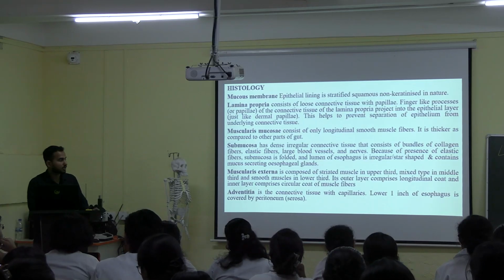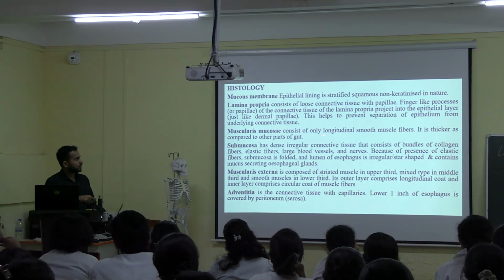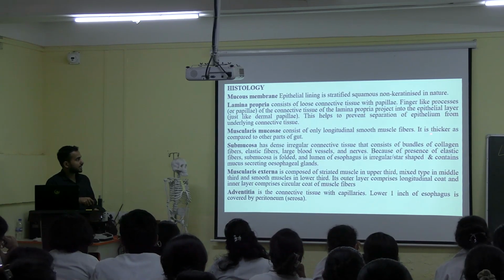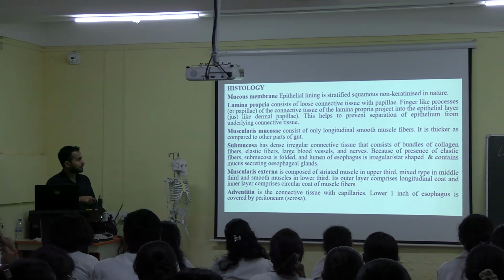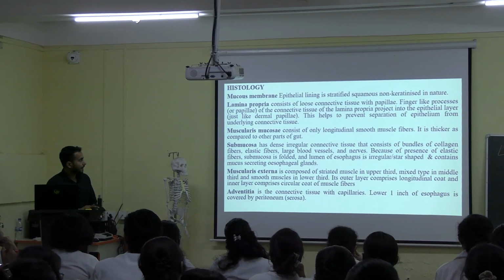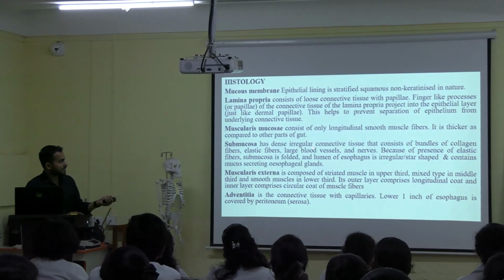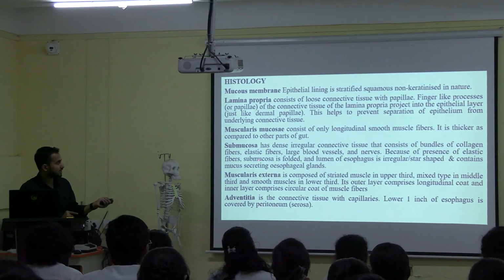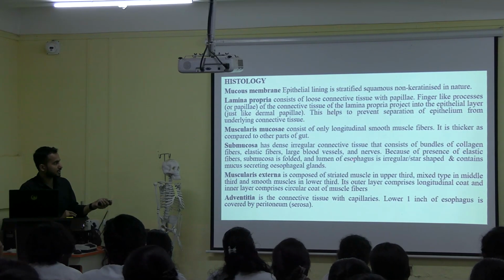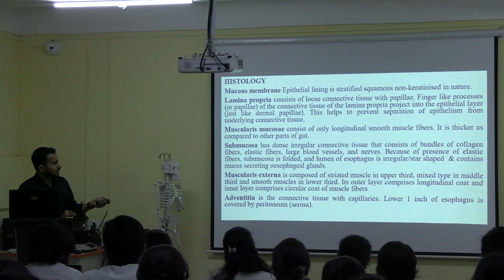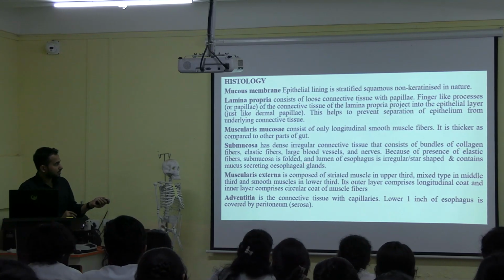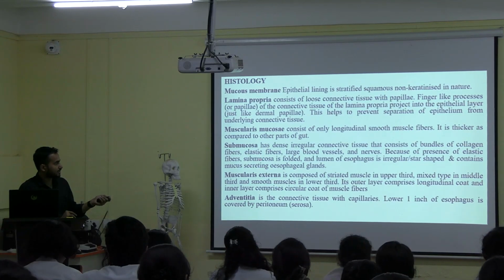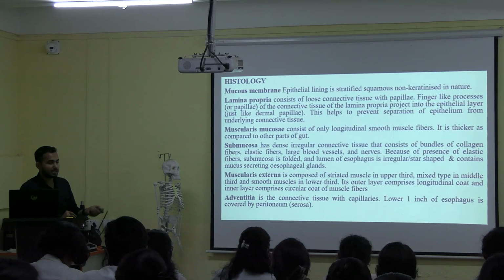don't forget to mention this. Next, muscularis mucosa, only longitudinal smooth muscle fibers is there and it is thicker compared to the other parts of the gut. Next, submucosa, dense irregular connective tissue as usual, along with that bundles of collagen fiber, elastic fiber are present. In case of esophagus, because of the presence of these elastic fibers, collagen fibers, star-like appearance can be seen.